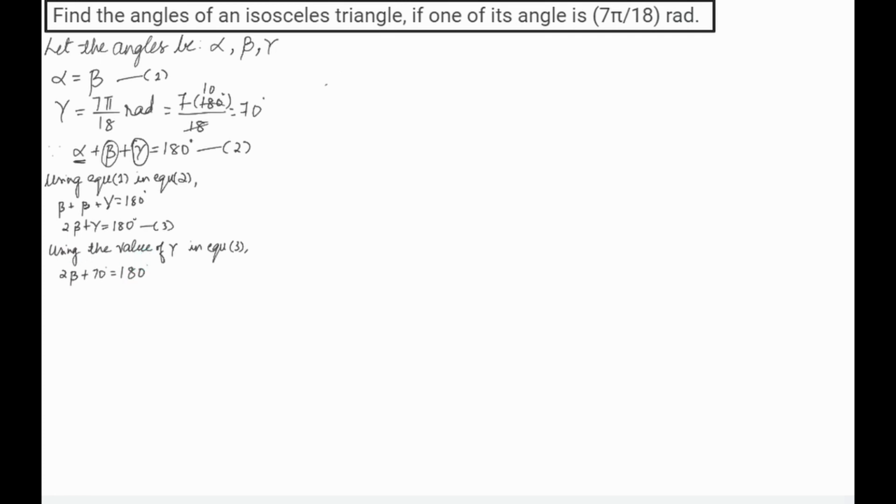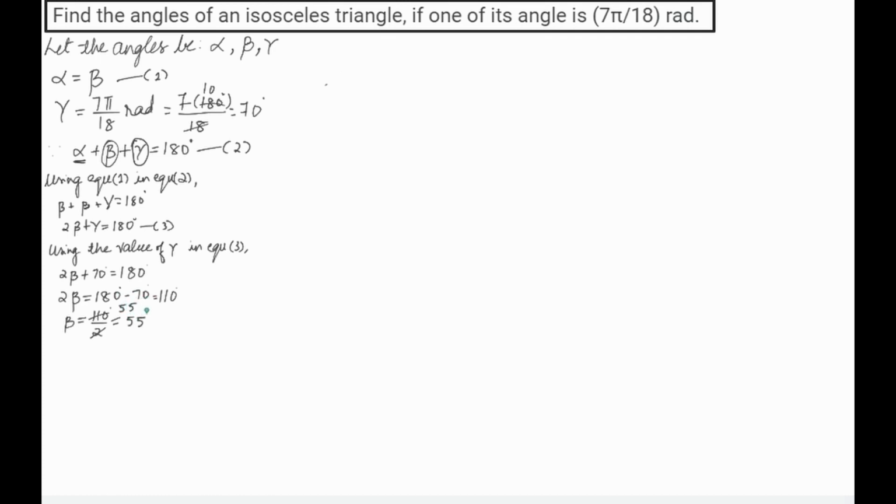So therefore 2 beta is equal to 180 degrees minus 70 degrees, which is equal to 110 degrees. So beta is equal to 110 degrees divided by 2. So 2 into 5 is 10, remainder is 10, 2 into 5 is 10. So we get beta to be equal to 55 degrees.